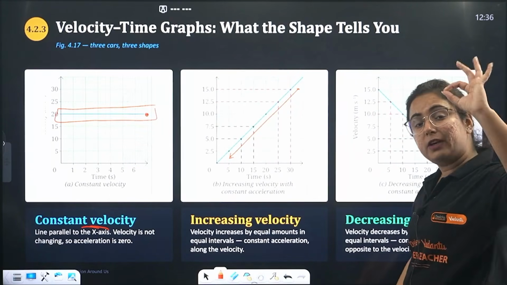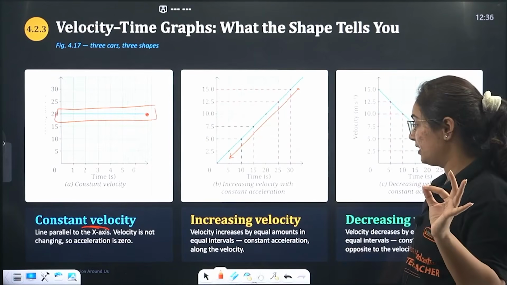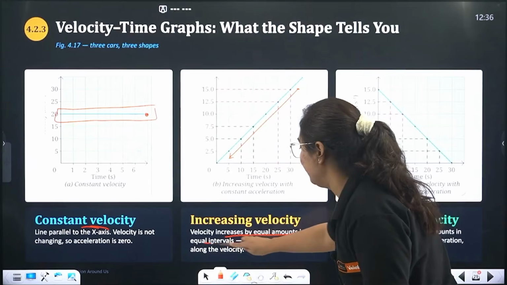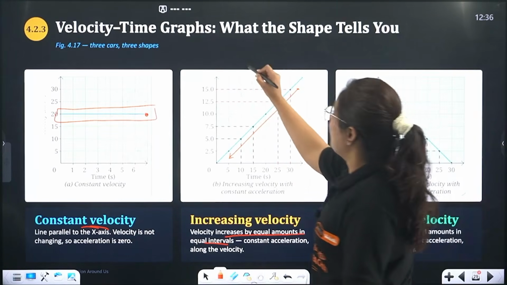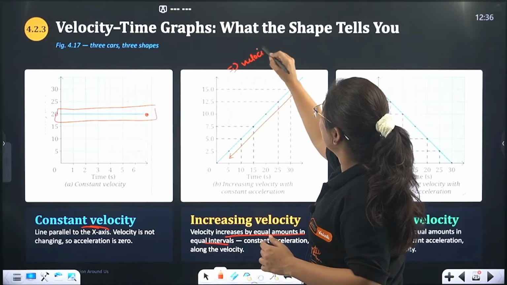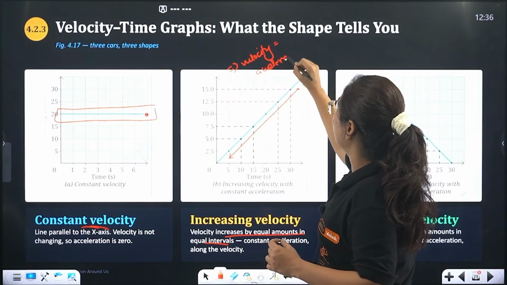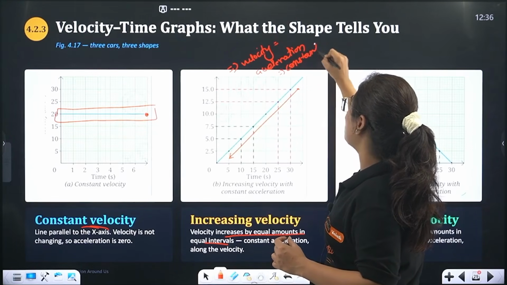At each interval of time, velocity is increasing, right? Velocity is increasing, but in an equal manner. And after an interval of time, when velocity increases equally, what will happen, beta? The acceleration here remains constant.